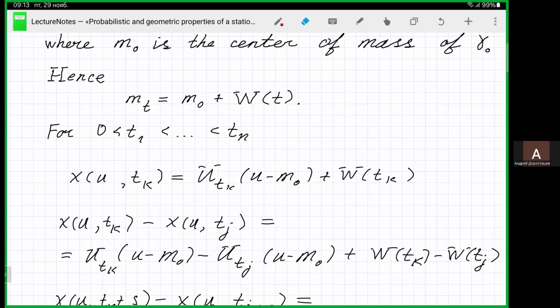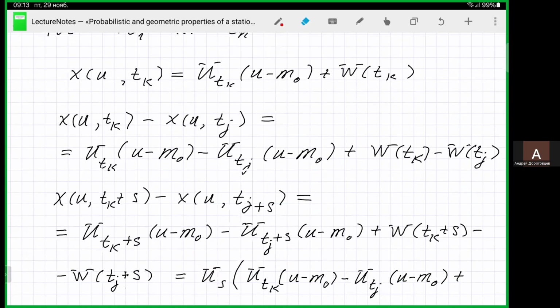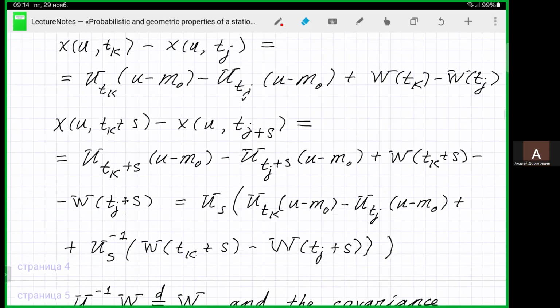So one can check that the difference between values of the solution at different moments of time consists of some deterministic expression and some increment of the Wiener process. From this point of view, one can check that this increment can be represented as follows.